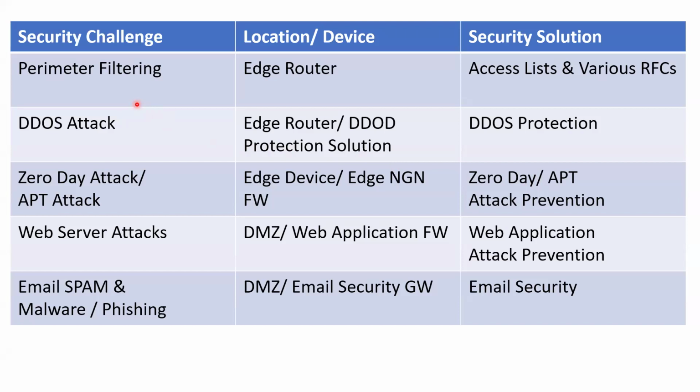First of all, we have the challenge of perimeter filtering, which usually occurs at edge routers, and this can be overcome by creating access lists and various RFCs. Then we have denial of service attack, which usually occurs at edge routers, and we have to provide protection against denial of service and distributed denial of service.